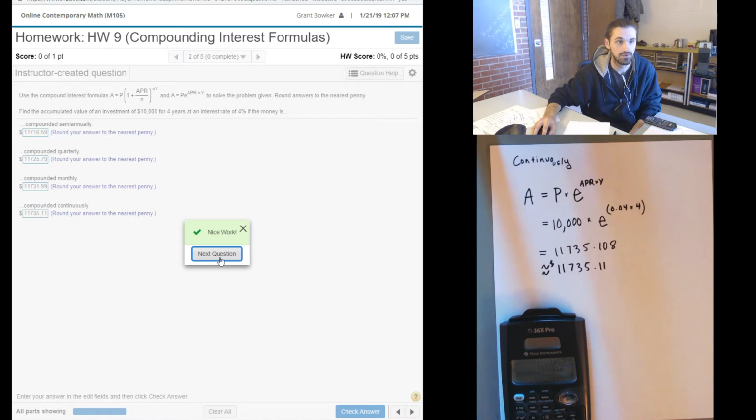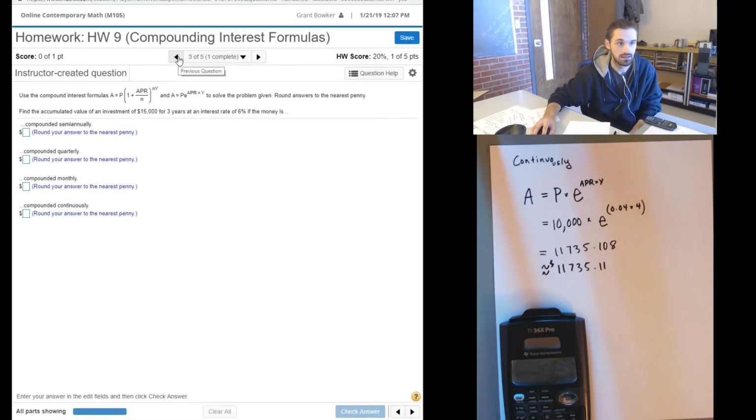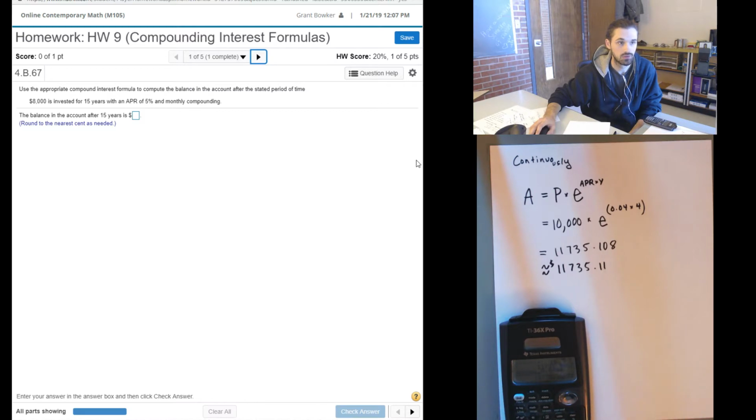Nice. All right. So let's jump back to problem number 1 real quick. The rest of these are identical to what we just did. Use the appropriate compound interest formula to compute the balance in the account after the stated period of time. $8,000 is invested for 15 years with an APR of 5% and monthly compounding.